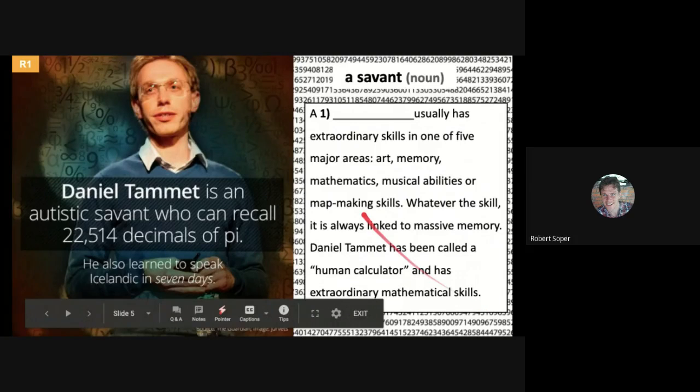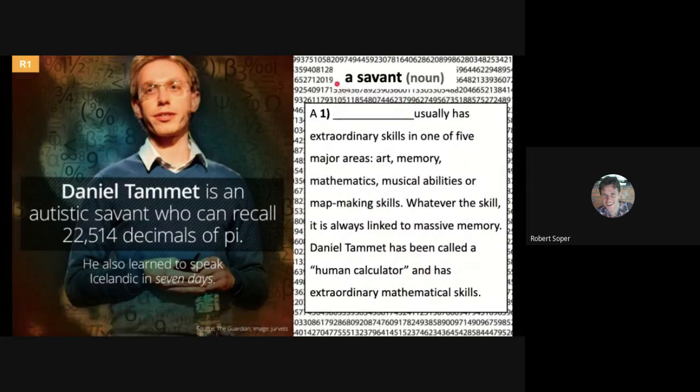What we have to do in this section is look at this word, a savant, and think whether we can put this word savant here as a noun, or if we should use a verb, an adjective, or an adverb. At this point, hopefully you realize that savant cannot be used as a verb and it cannot be used as an adjective.